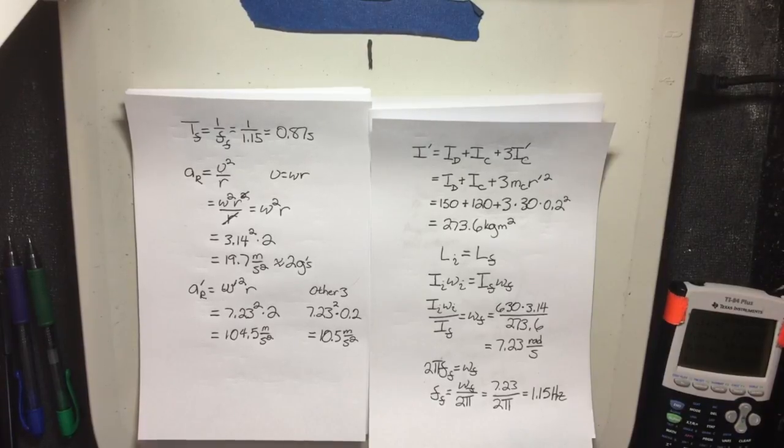So it goes from 2 Gs to 10. Basically, that kid is flying off. Would be ripped off. Normal humans will start to black out at about 6-7 Gs, 60 to 70 meters per second squared. The blood just rushes out of their head. At 10 Gs, they're going to get flung off.